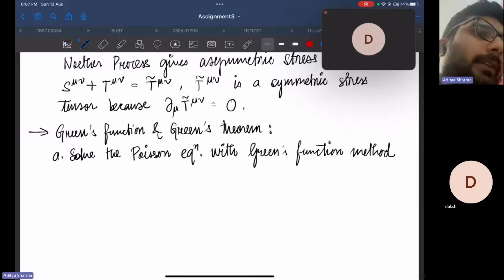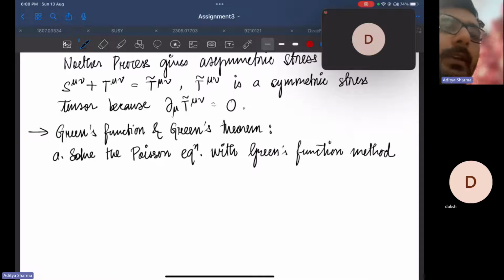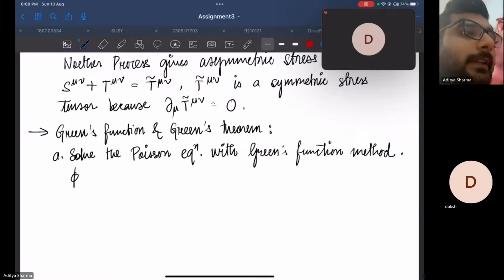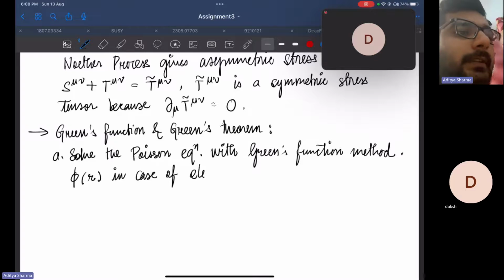And we wrote the solution for phi in the case of electrostatics.